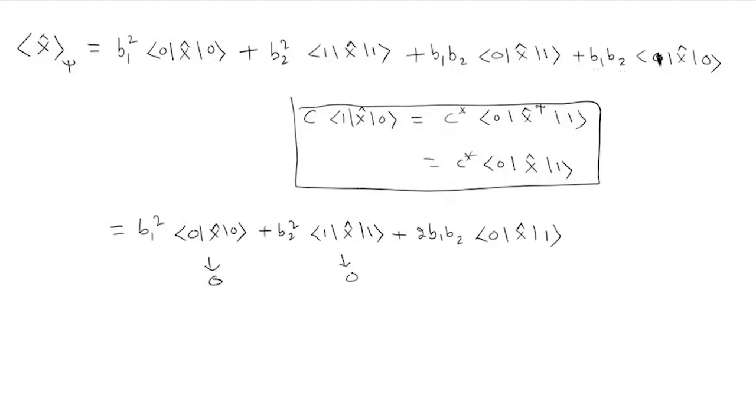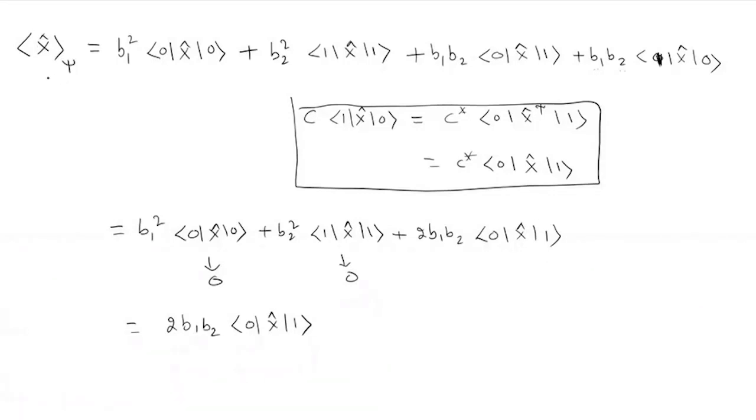This goes to 0 and only this part remains: 2 b1 b2 ⟨0|x|1⟩. If you want, you can compute this using the algebraic method or any method, but we don't need to, because what we are interested in is finding the expectation value of x in this state.